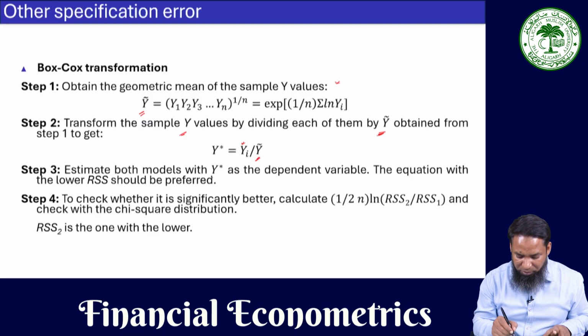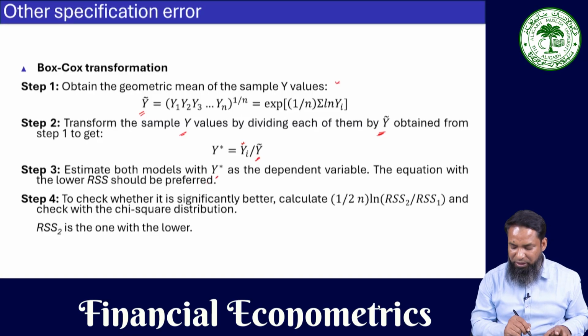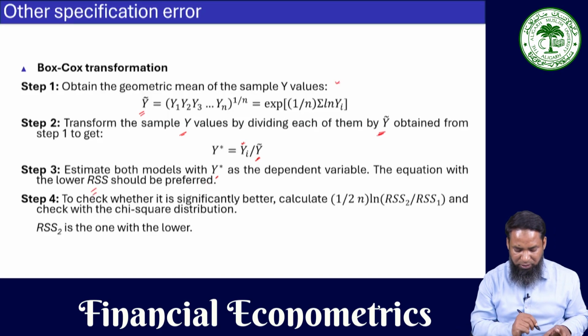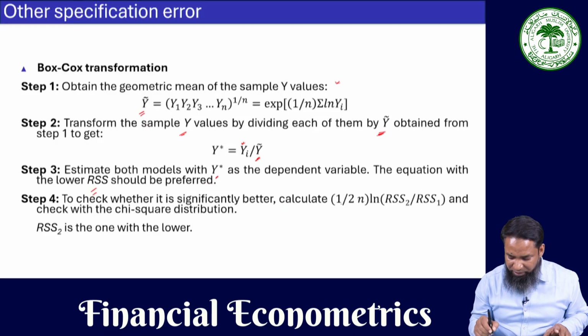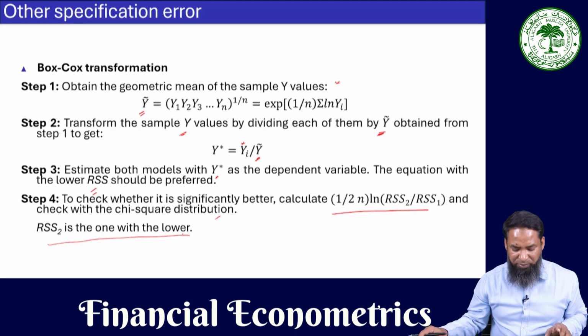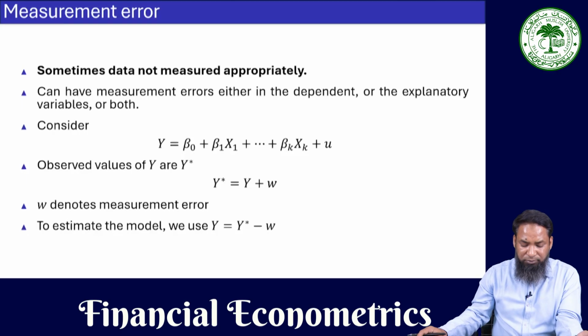Now estimate both models with y star as the dependent variable. The equation with the lower RSS will be preferred. To check whether it is significantly better, calculate this statistic and check it against the chi-square distribution. The one with the lower value is the one we choose.